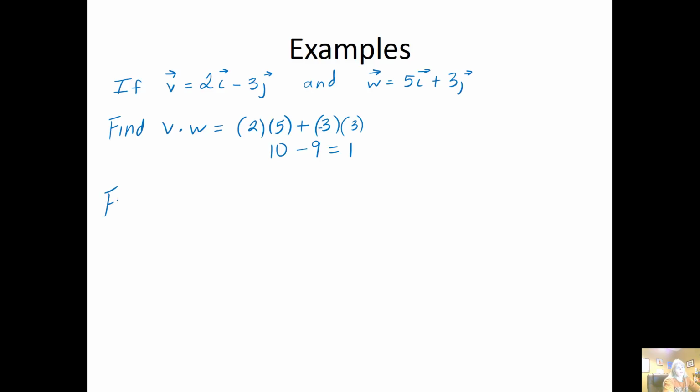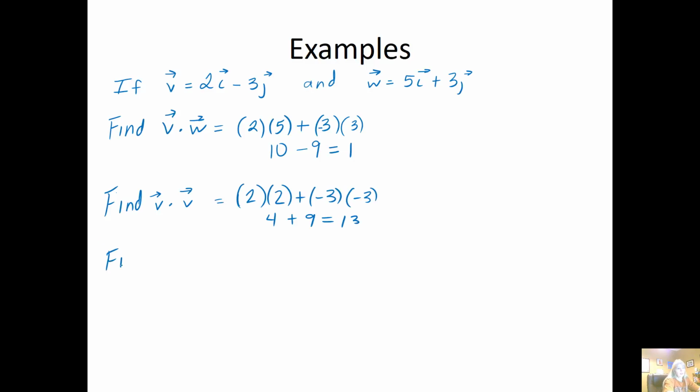You can also take the dot product of the same vector. That would simply be 2 times 2, plus negative 3 times negative 3, which is 4 plus 9, which gives me 13.